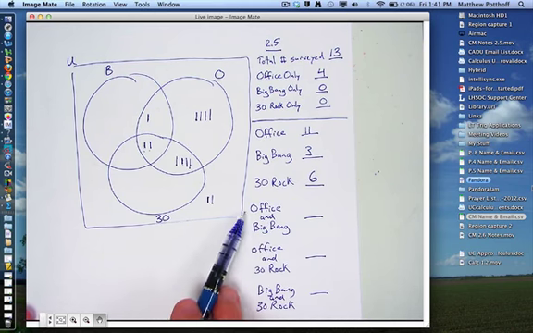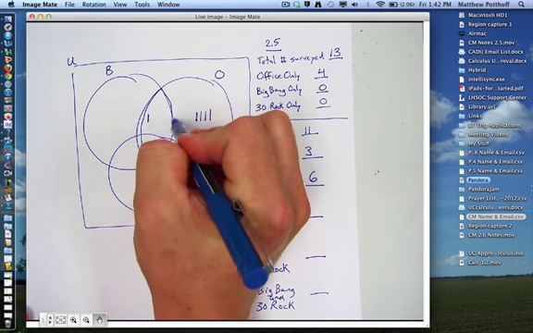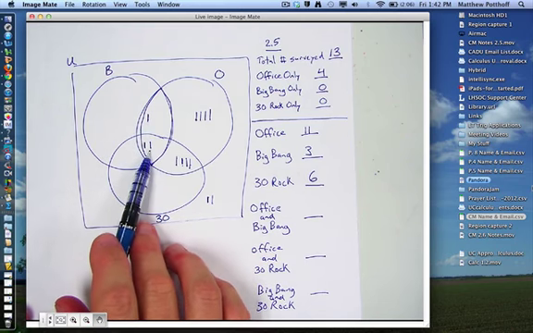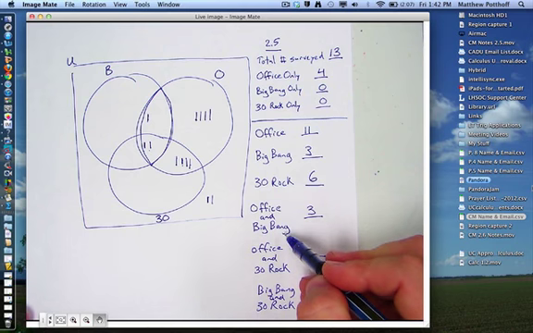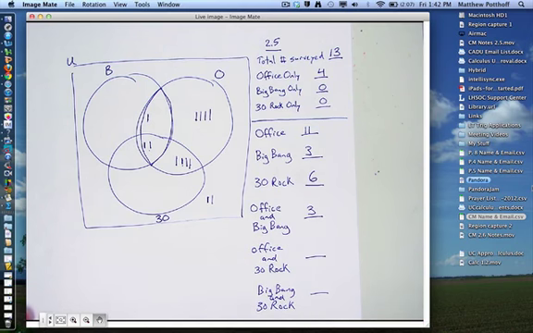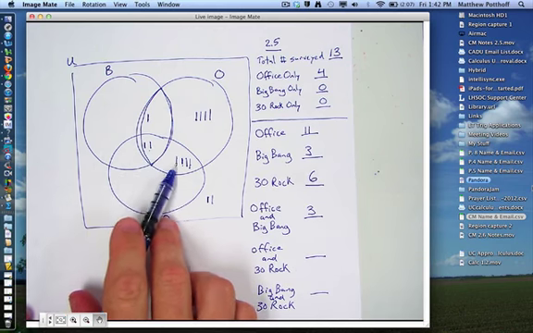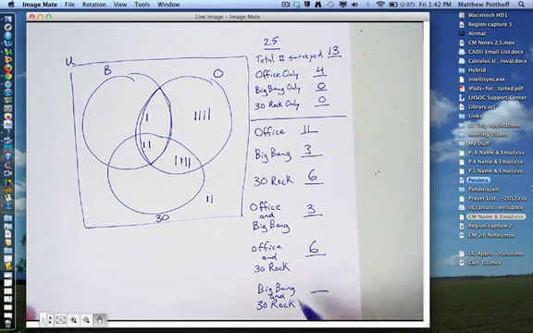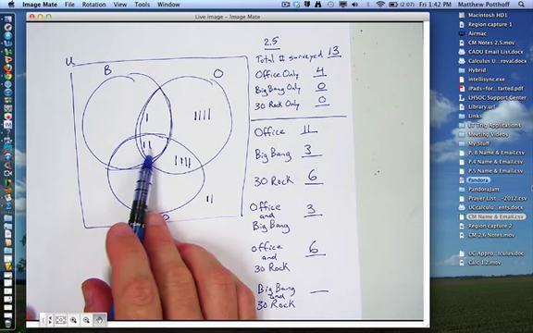So we want the intersection of Office and Big Bang. Okay, so notice it's going to include the 1 here and then the 2 right here. So we actually have 3 people that like both The Office and Big Bang Theory. Office and 30 Rock. Okay, that's going to be 2, 3, 4, 5, 6. And then Big Bang and 30 Rock. It's going to be here, which is nothing, 1, 2.